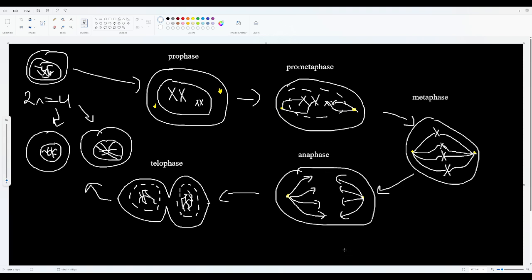Anaphase, everything's split apart, all the sister chromatids. So after anaphase, in each cell we have 4 chromosomes. Telophase, we undo what we did in prophase and prometaphase, which means we decondense the DNA and reform the nuclear membrane, and we want 2 cells.